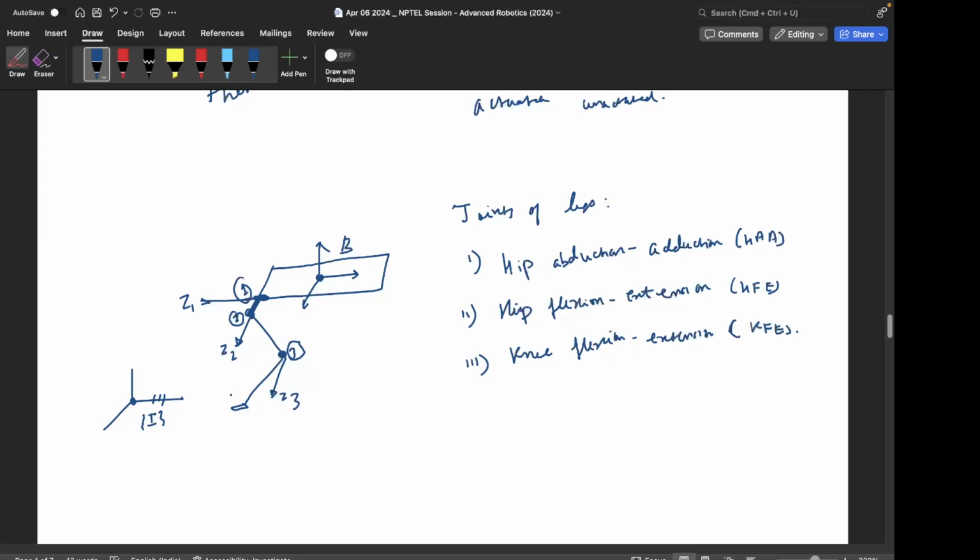And once we assign frames, then we write homogeneous transformation matrices, and then we write expressions for forward kinematics and inverse kinematics.